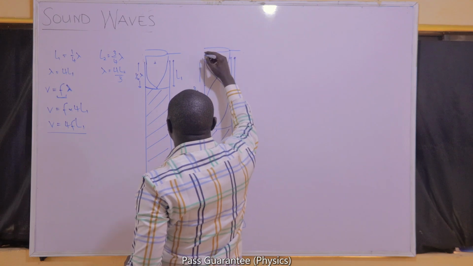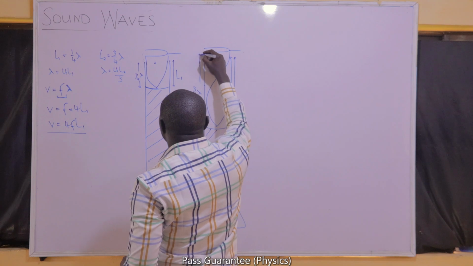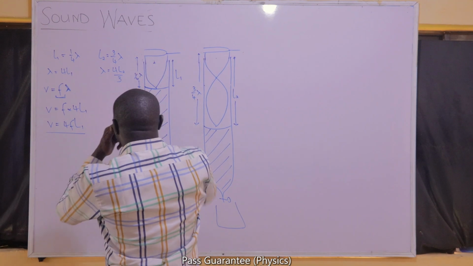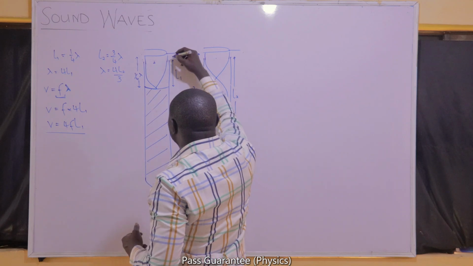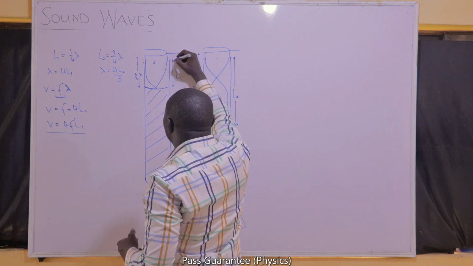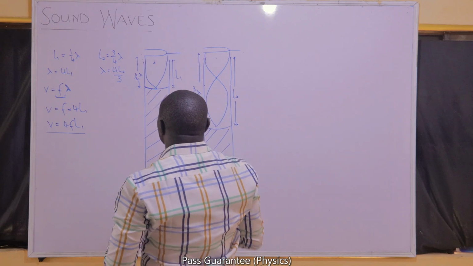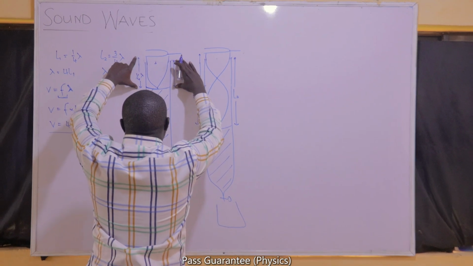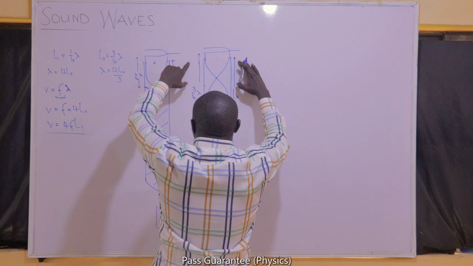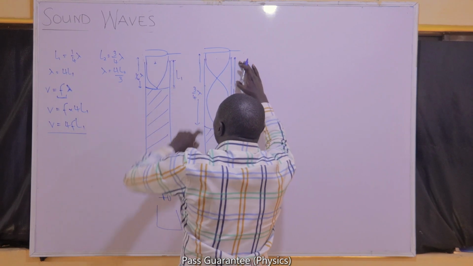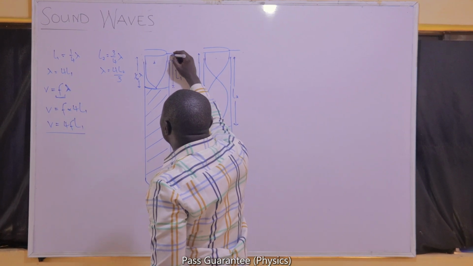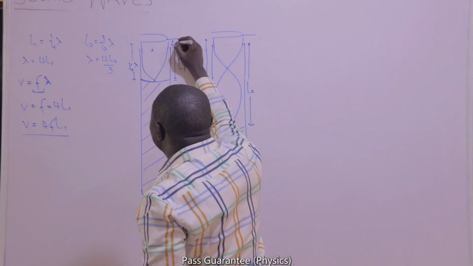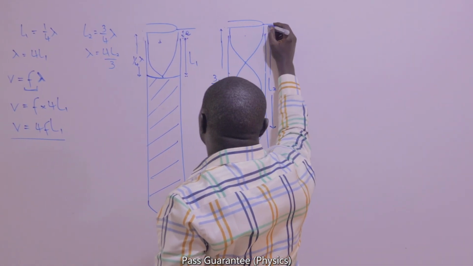And that is where we are going to measure 3/4 lambda. That is where we are also going to measure 1/4 lambda. But the L will be measured from the top of the tube. We will now clearly see that our L1 is not exactly equal to 1/4 lambda. Our L2 is not exactly equal to 3/4 lambda. So we can call this extra length that has been added the end correction.